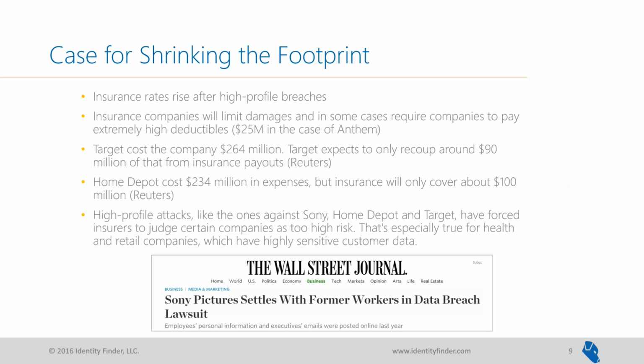So when we talk about making that case for shrinking the footprint, there are a number of other things that come into play. Insurance rates rising after high-profile breaches has been in the news quite frequently. We continue to see as cyber insurance policies have been written that there's a bit of fine print that gets overlooked by someone purchasing insurance regarding their overall coverage and the rates.